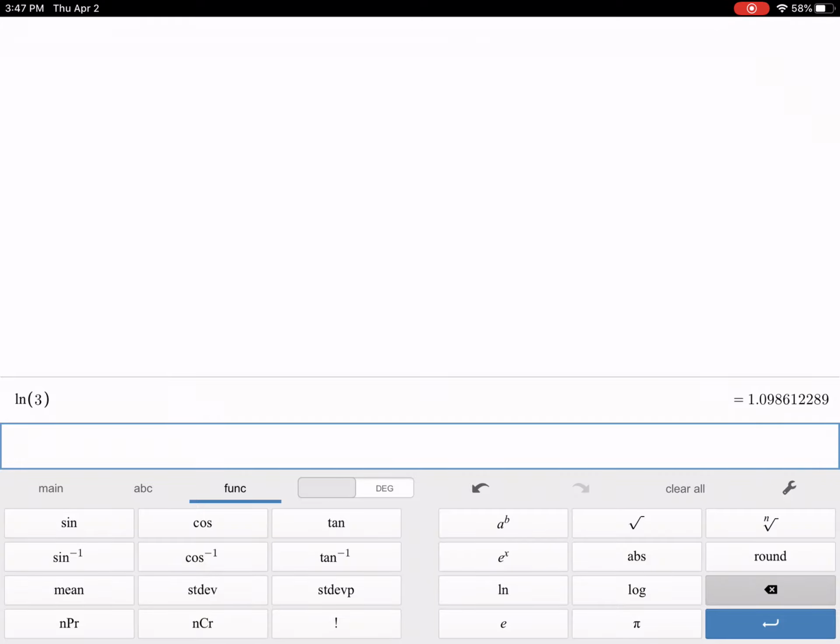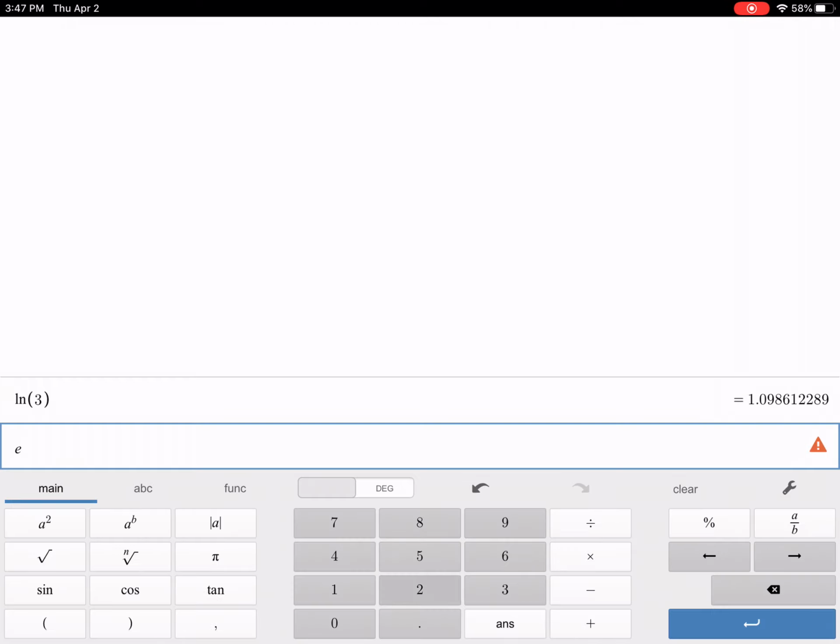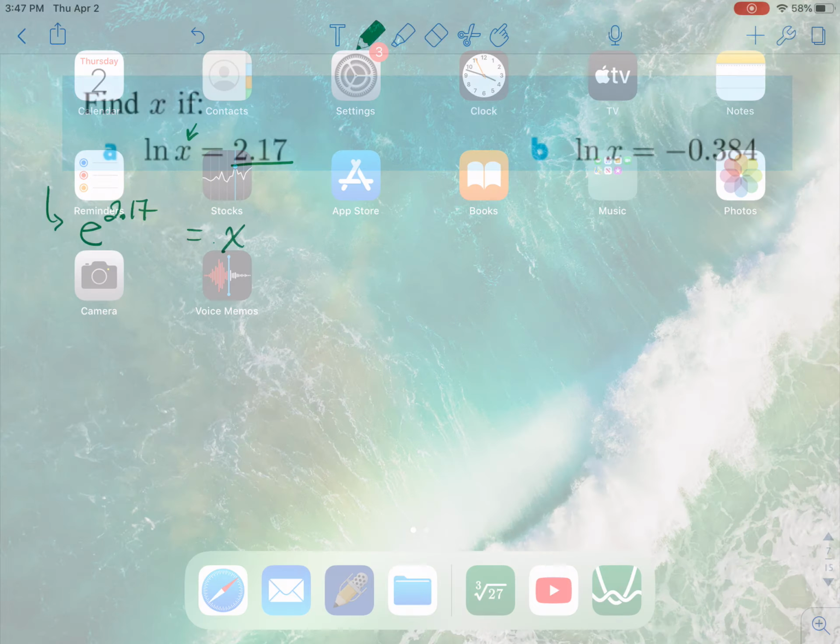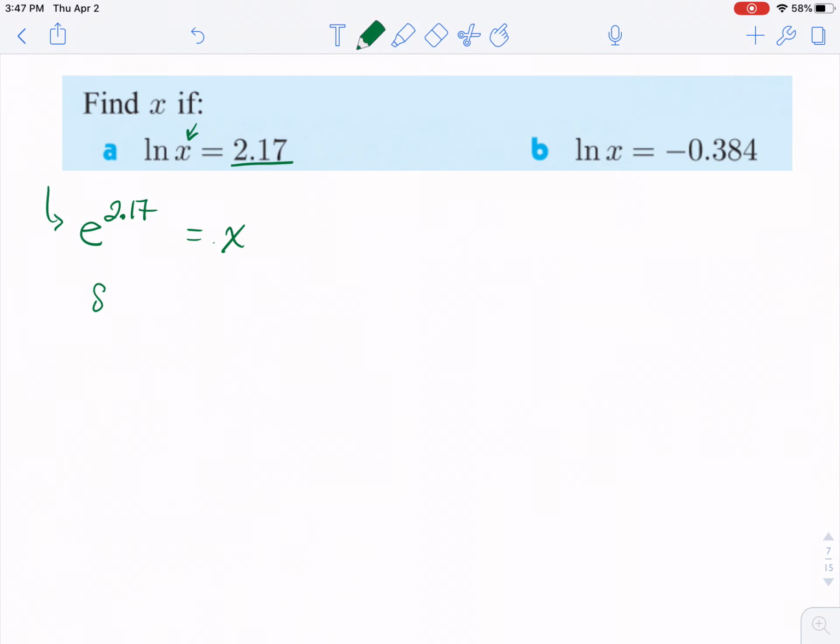So I now have a calculator on the iPad, which I can show you. So I'm literally going to type in e to the x, and I have 2.17. So I go back to the main screen, 2.17, and hit enter, and 8.76 would be my answer. So e to the 2.17 is 8.76. Again, that's an approximation, so I am going to use my squiggly equal sign.